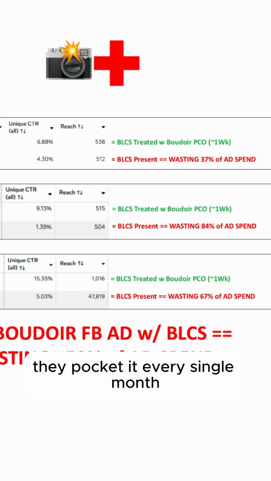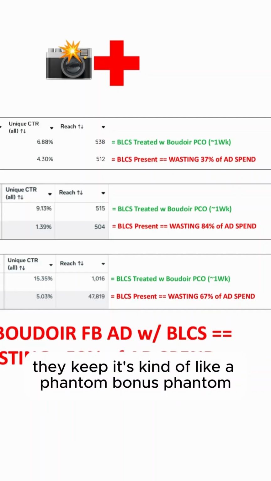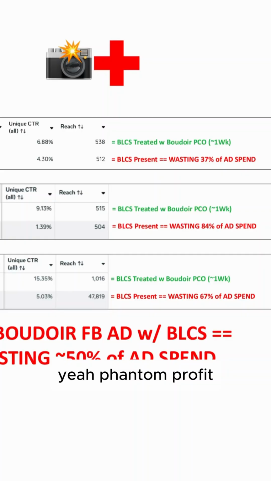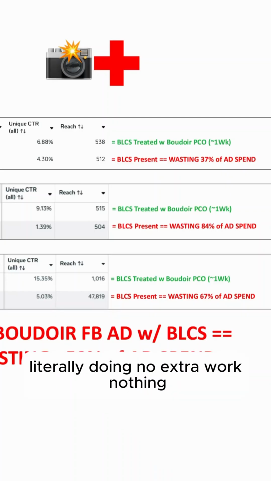They pocket it every single month. They don't have to spend it. They keep it. It's kind of like a phantom bonus, phantom profit. And they're actually able to keep that $8,400 a month, which is like 100 grand over the next 12 months, literally doing no extra work, nothing.